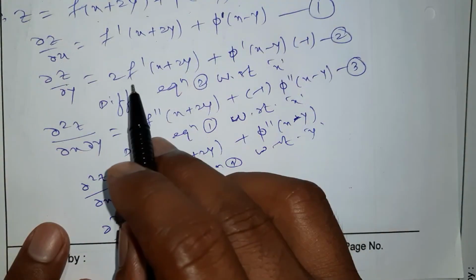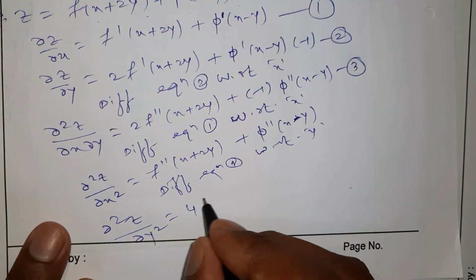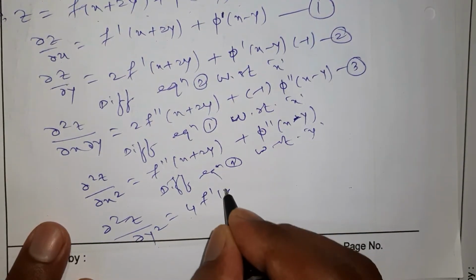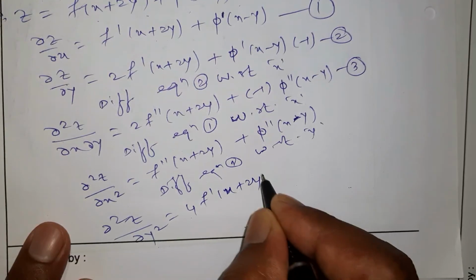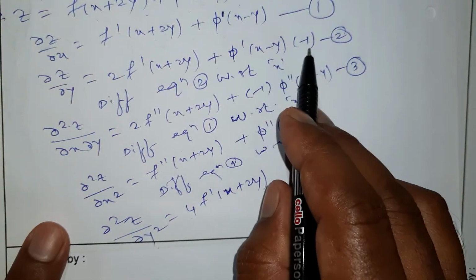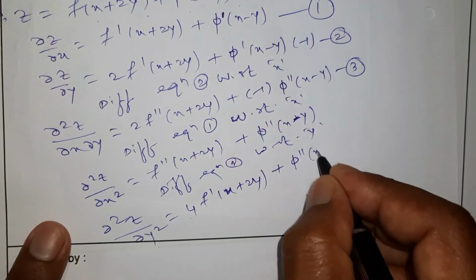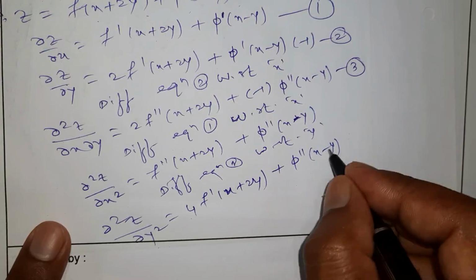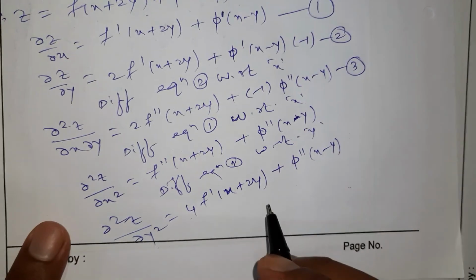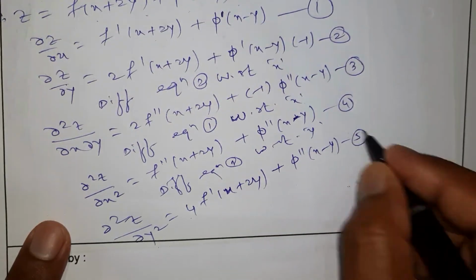Do it, tell me. 2 into, again 2 appears, so it is 4 f double dash of x plus 2y. Correct. The next one is minus minus, which becomes plus phi double dash of x minus y, because again minus 1 comes, minus minus becomes plus. So these are my equations number 4 and 5.